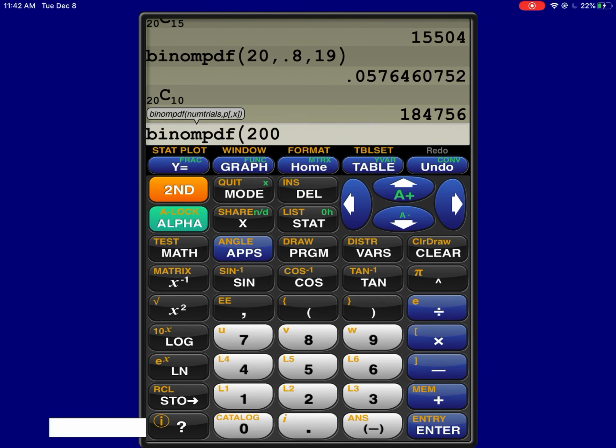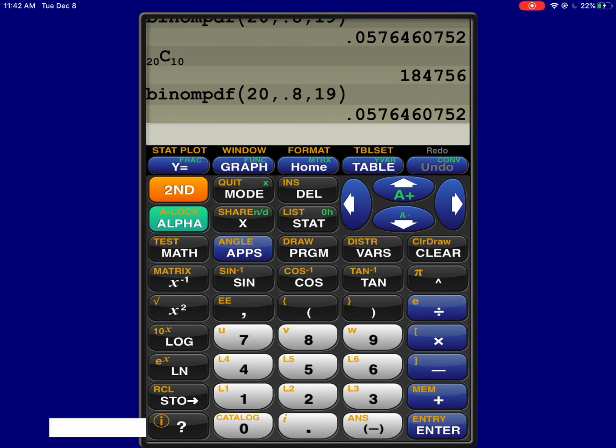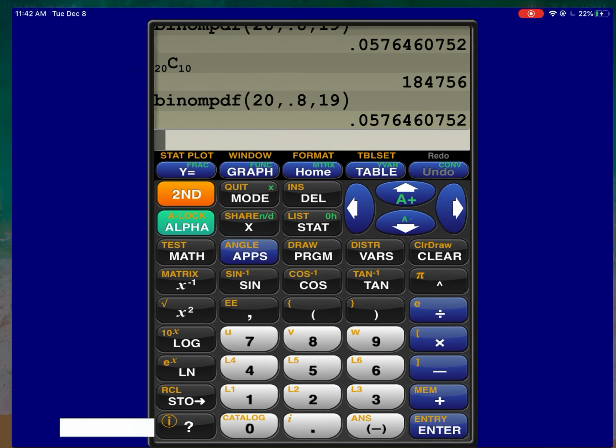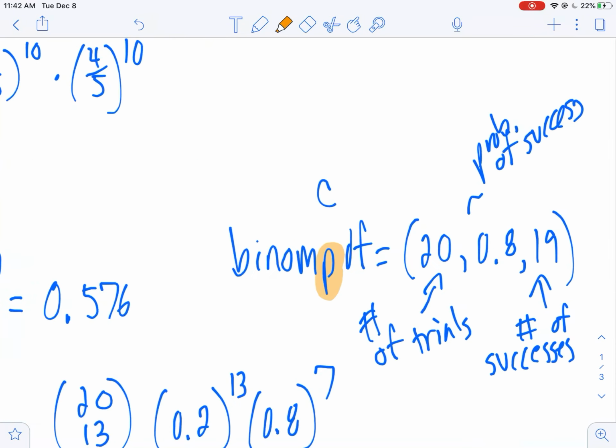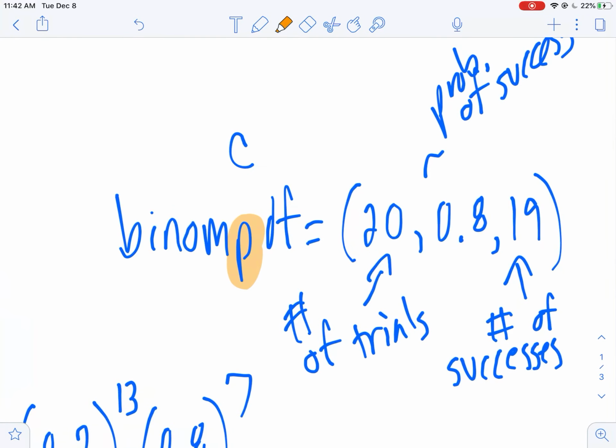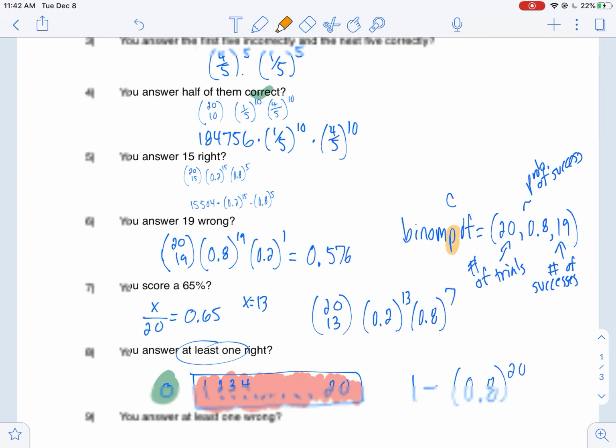Now I would enter the total number of trials, the probability of success, which in this case is 0.8, and then that perfect probability that I'm looking for. Excellent. I don't recommend doing this, but you can, because a lot of people tend to confuse it with binomcdf. If you do it, make sure you're labeling. You want to make sure you're getting credit, so make sure you label.